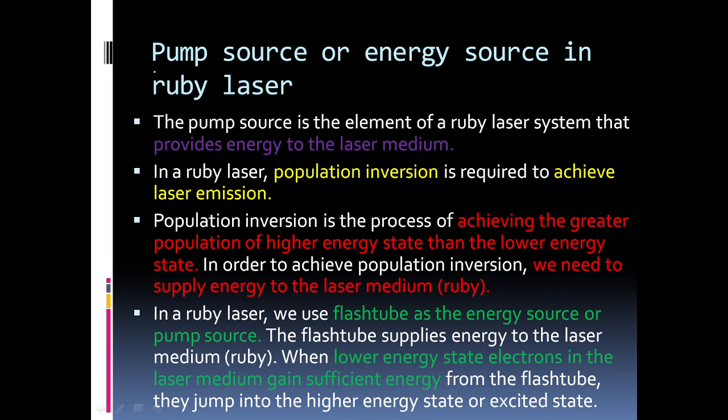The next and most important point is the pumping source. As I told you, in the Ruby Laser, we use a xenon flash lamp as a pumping source. It is an optical source and it provides energy to the electrons which are in the ground state, and the electrons jump to the higher excited state upon getting the energy from the pumping source.